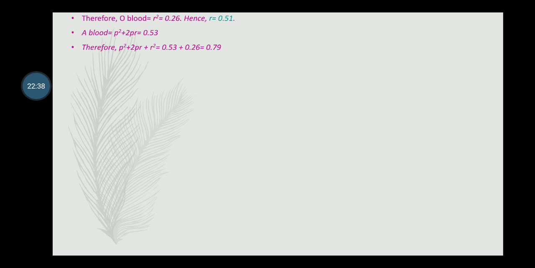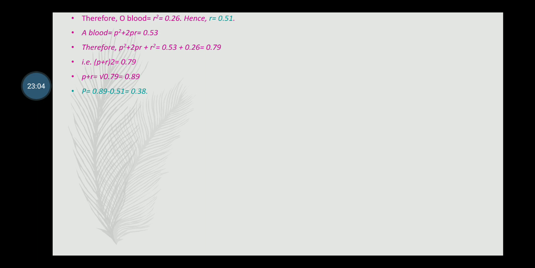So here comes the formula: P plus R whole square is equal to 0.79. Therefore, P plus R is equal to the square root of 0.79, that is 0.89. Now we know the value of R, that is 0.51. By subtracting 0.51 from 0.89, we get the value of P, that is 0.38.